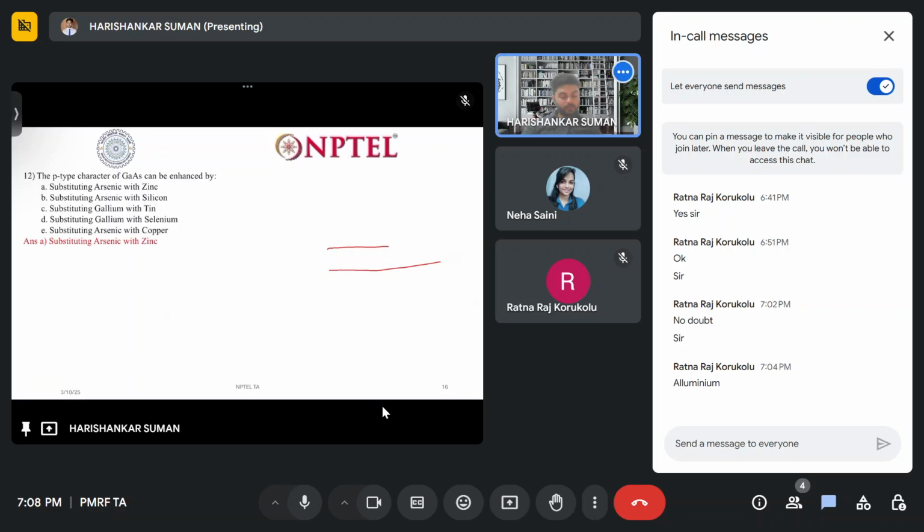Next, the P-type character of gallium arsenide can be enhanced by P-type. Please choose your answer.